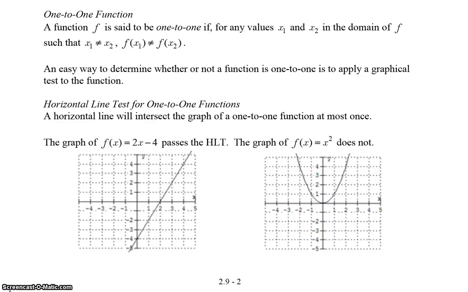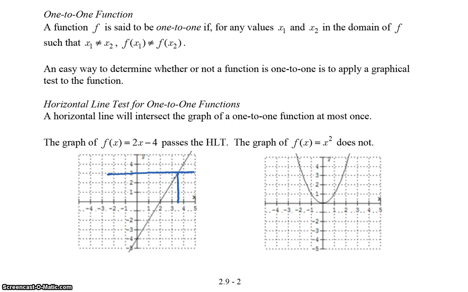For example, the graph of f of x equals 2x minus 4 passes the horizontal line test. Any horizontal line that you draw through the xy plane will intersect that line at most once. What that means is that for that particular y value, there is only one x value that gets associated with that y value.